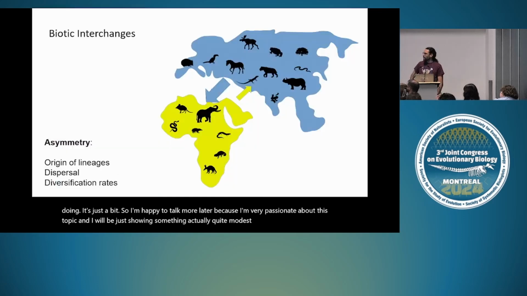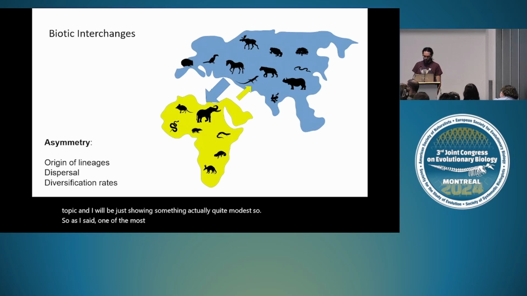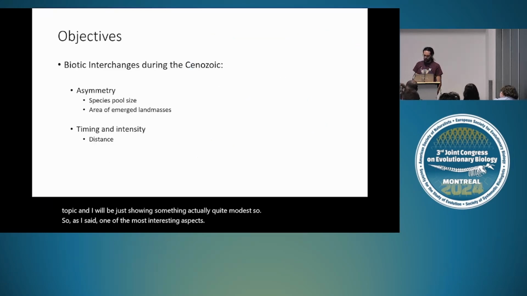So, as I said, one of the most interesting aspects of biotic interchanges is the asymmetry. So this asymmetry, we could hypothesize, can be due simply to different sizes in the species pools of the original biotas, which potentially could be correlated to the area of the emerged land masses.